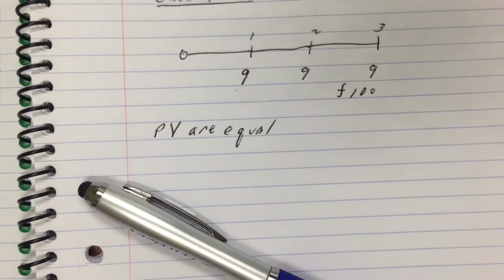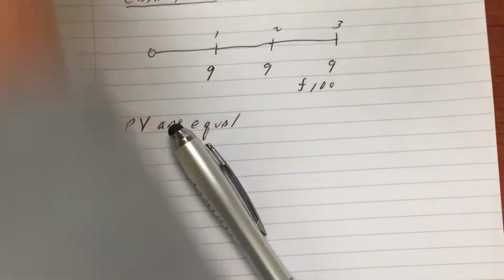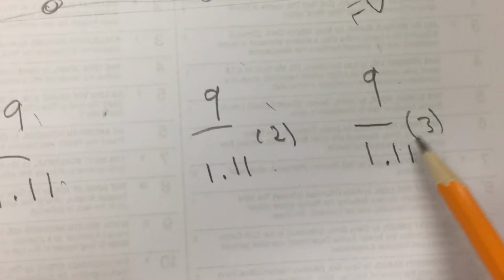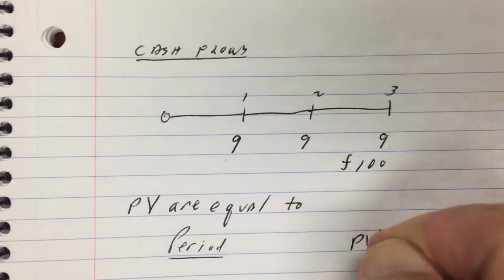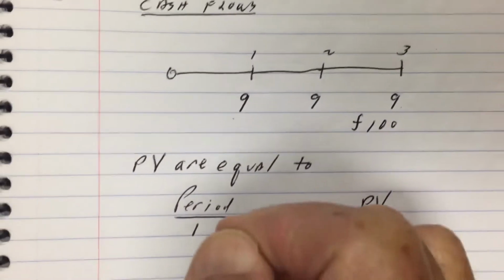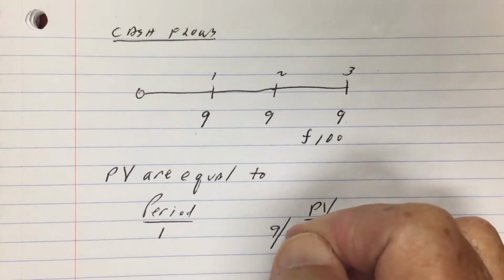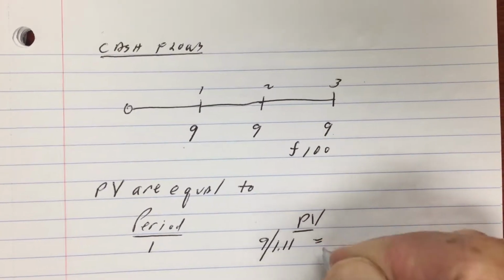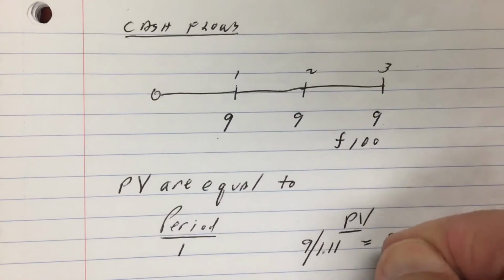So the first one, period 1, the present value is going to be 9 divided by 1.11, which equals 8.11.